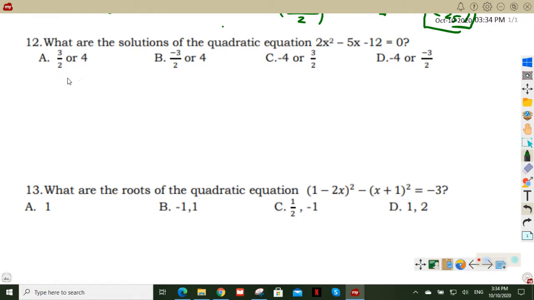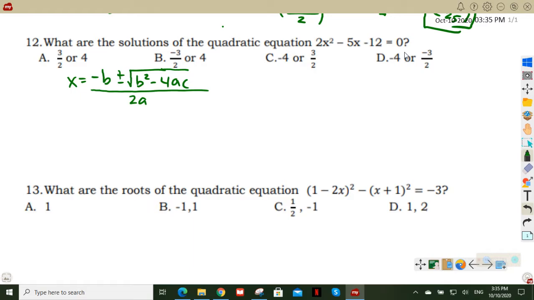So that will be x is equal to negative b plus minus the square root of b squared minus 4ac, all over 2a. Okay, now remember that before you substitute the values of the b, the c, and the a, you make sure that it will be in standard form.